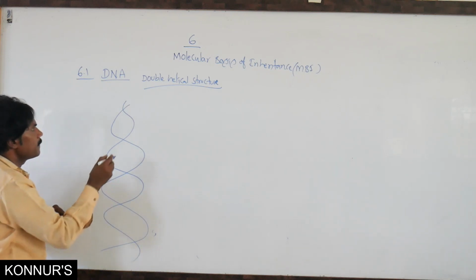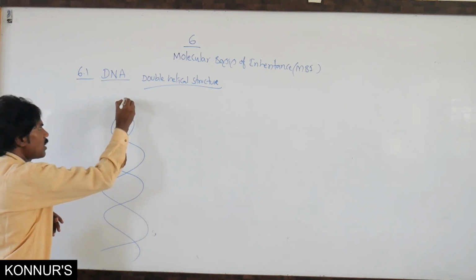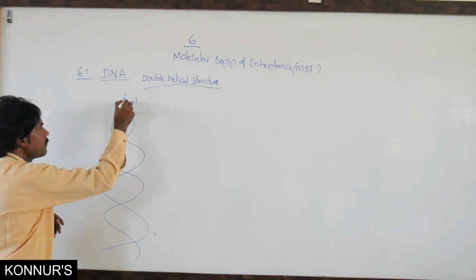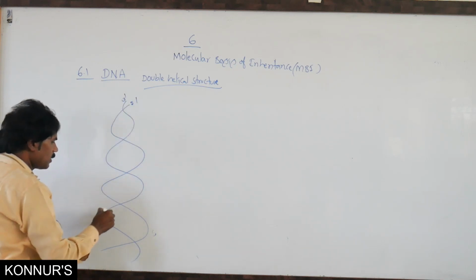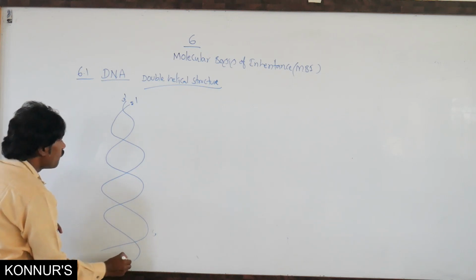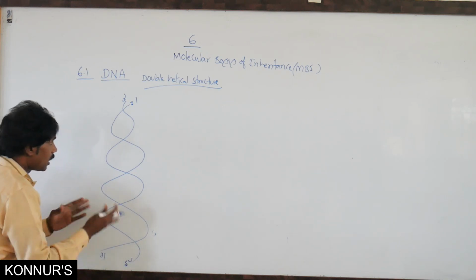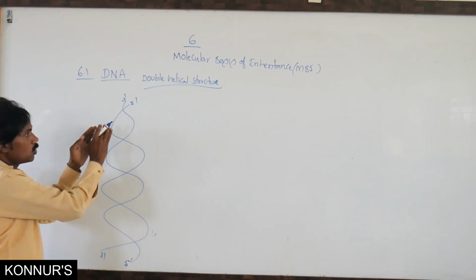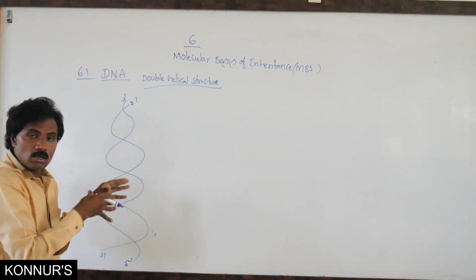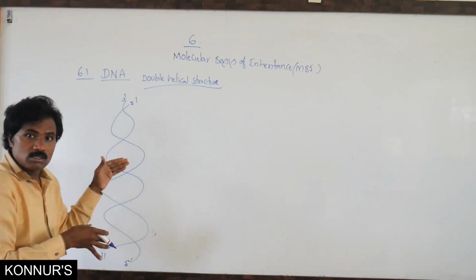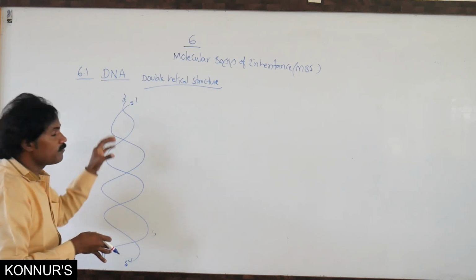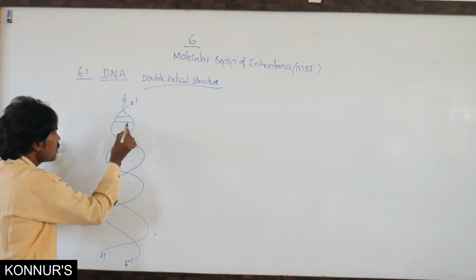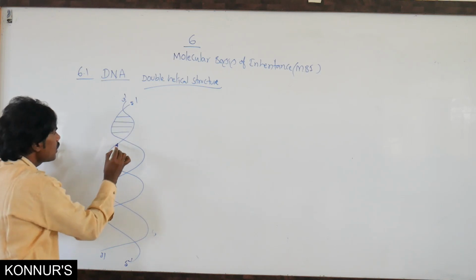One strand is related to 3 prime, the other to 5 prime. Oppositely, here 5, then 3. Between the two strands, these nitrogen bases are present.